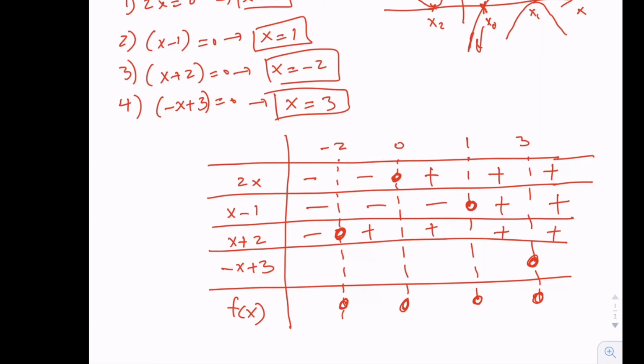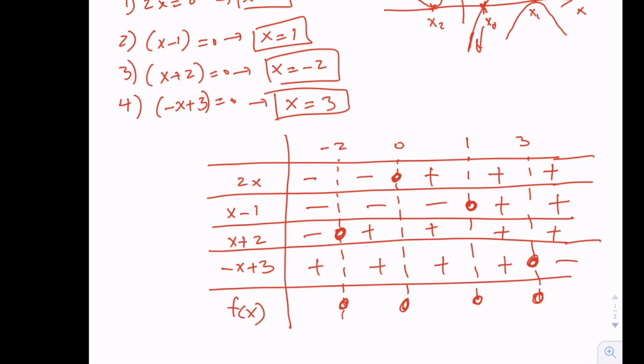But for minus x plus 3, because the sign of x is negative, it's going to be positive for values that are smaller than 3. So for, let's say, 0, if x is 0, minus x plus 3 will be positive. So it's positive, positive, positive, positive, negative.